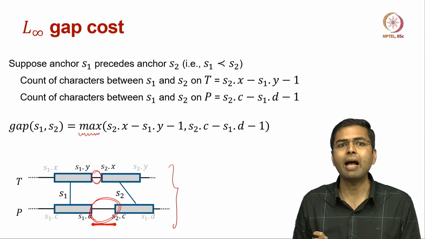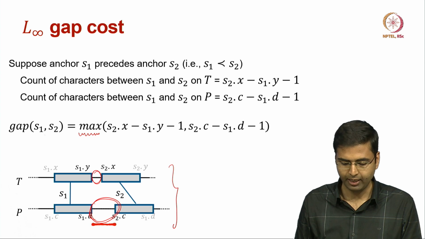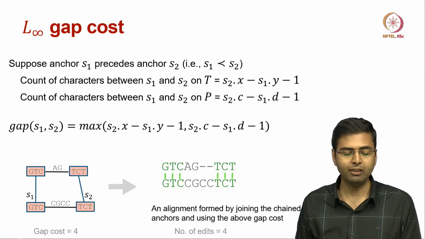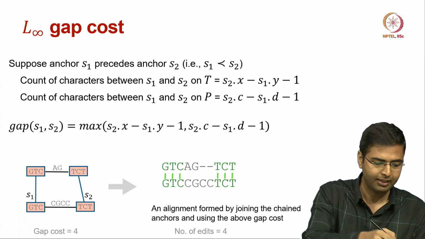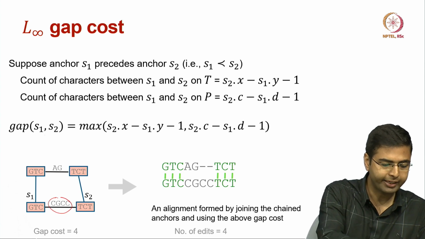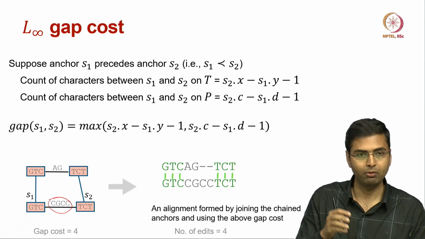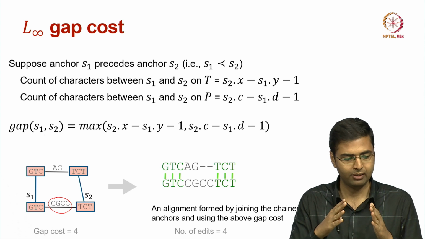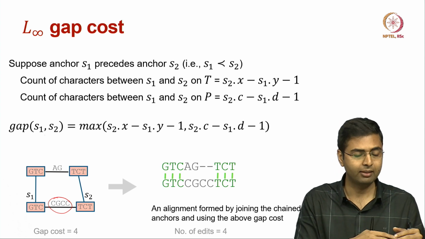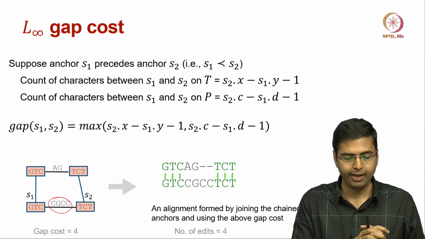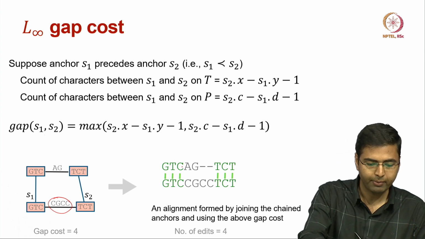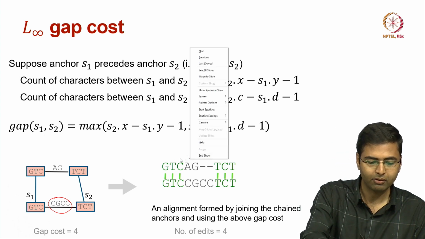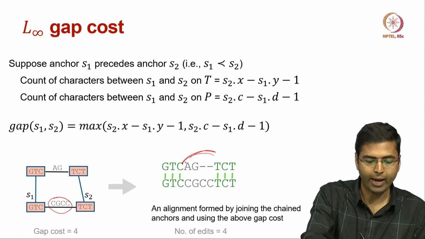Now, this is an alternative gap cost definition that one can use, and in this case the interpretation would be that if you have two anchors in a chain, then gap cost will be 4, considering the gap between two anchors. So, instead of 6, the gap cost will be 4 now, and the alignment interpretation would be that you are considering the middle characters between two anchors.